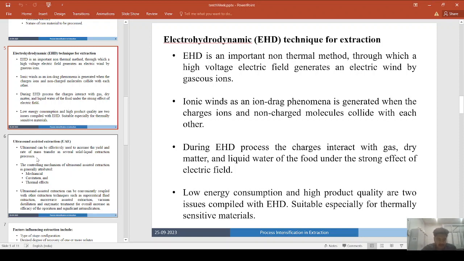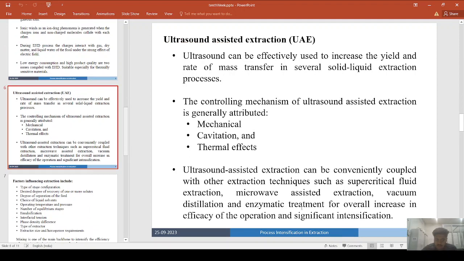So yeah, let us now discuss ultrasound assisted extraction. As discussed in the previous weeks, the use of ultrasound results in cavitation, or basically the spontaneous evaporation of fluids at a localized space.